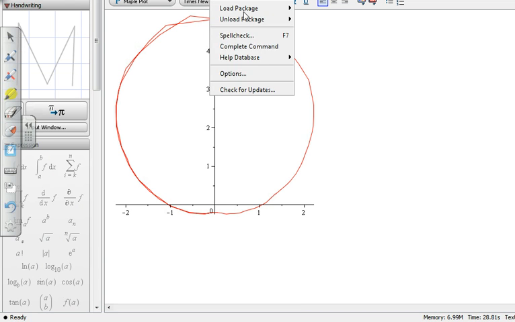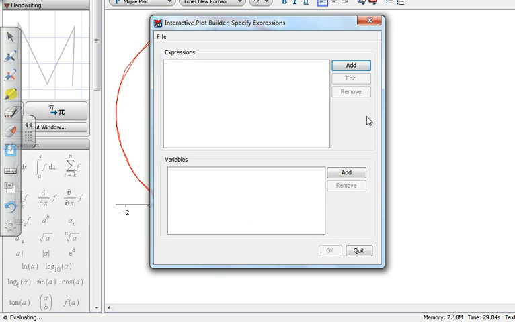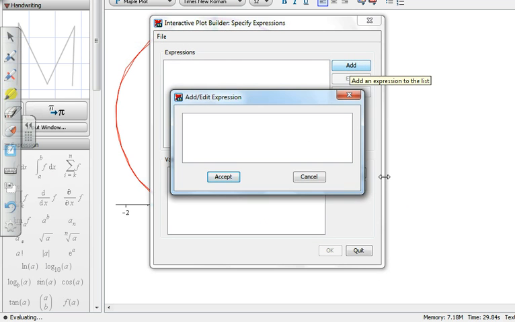Do it again. Tools, assistants, plot builder. R equals 5 times sine 4 times theta.